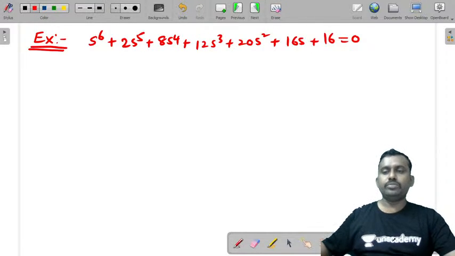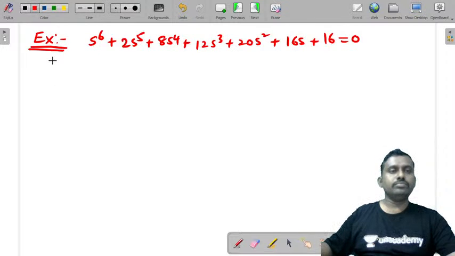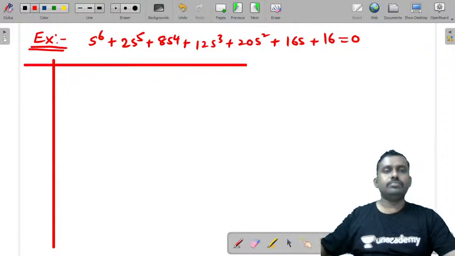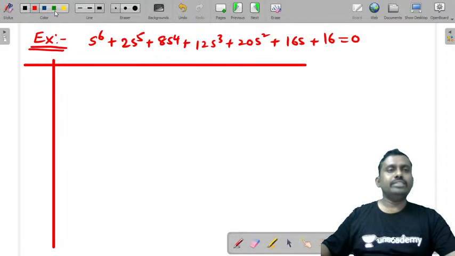Let us try to do this. First we need to write the highest power.